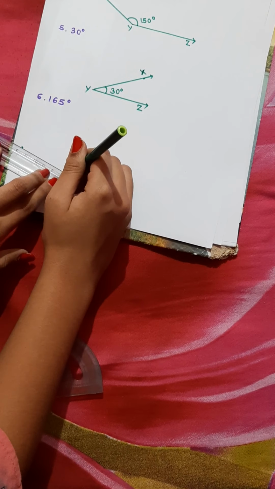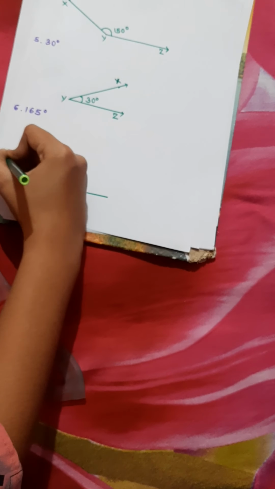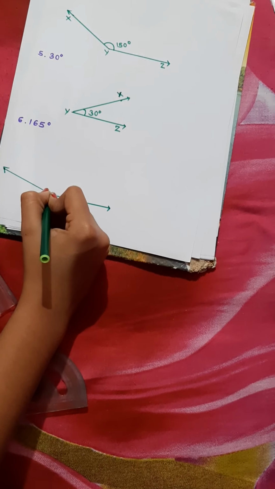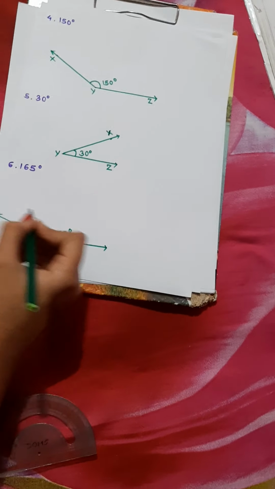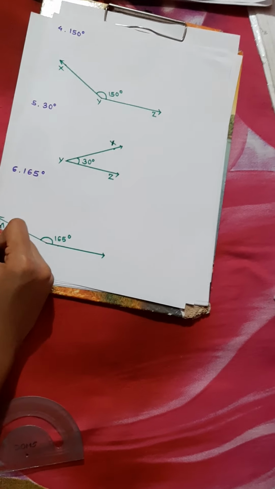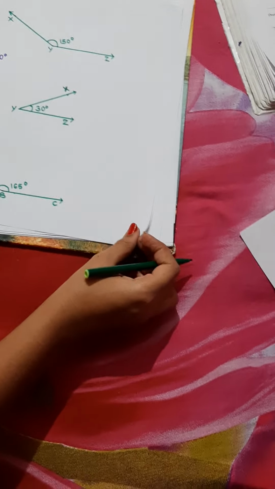As it is more than 90, the shape goes out. It is an obtuse angle. Give name to the obtuse angle, ABC. See the next problem.